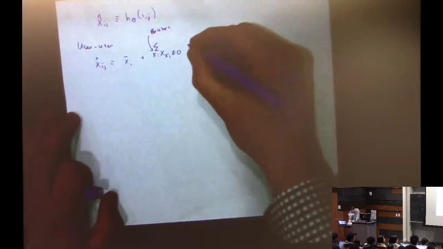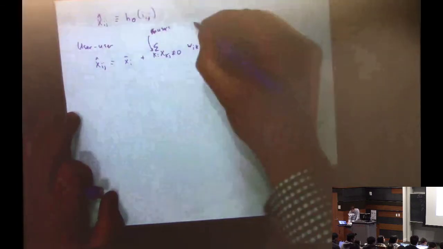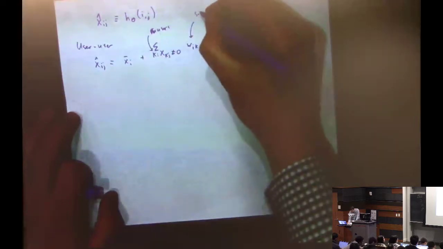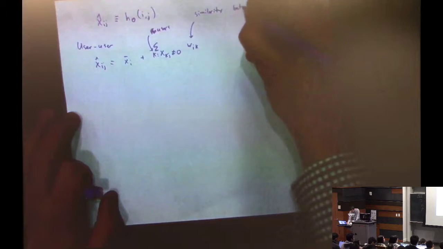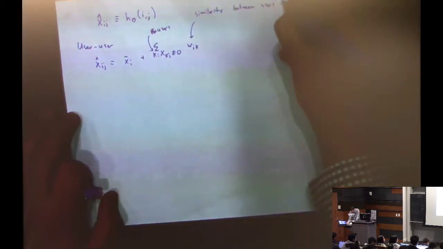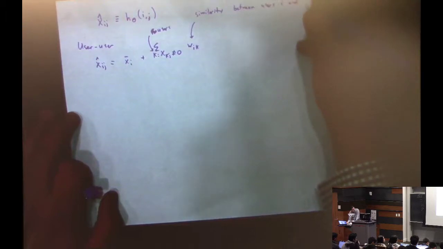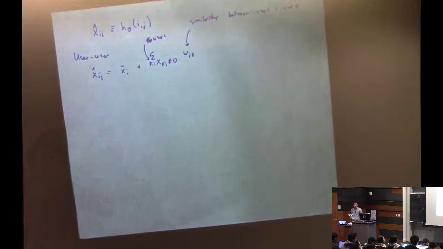And I'm going to include this w_ik term. This term is going to be a similarity, which we'll define in a second, between users i and k. So I multiply this by a weight, which is equal to the similarity, in some sense or another, between user i and user k.